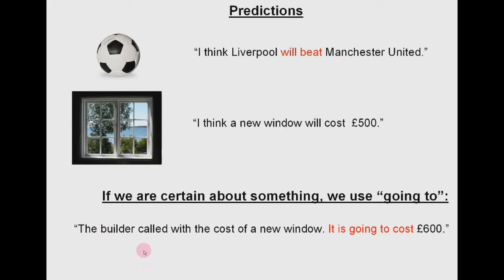Here, we now have more information about the window because the builder has called us and he has given us a fixed price. So now we can say it is going to cost £600. We know it now. It is now a fact.